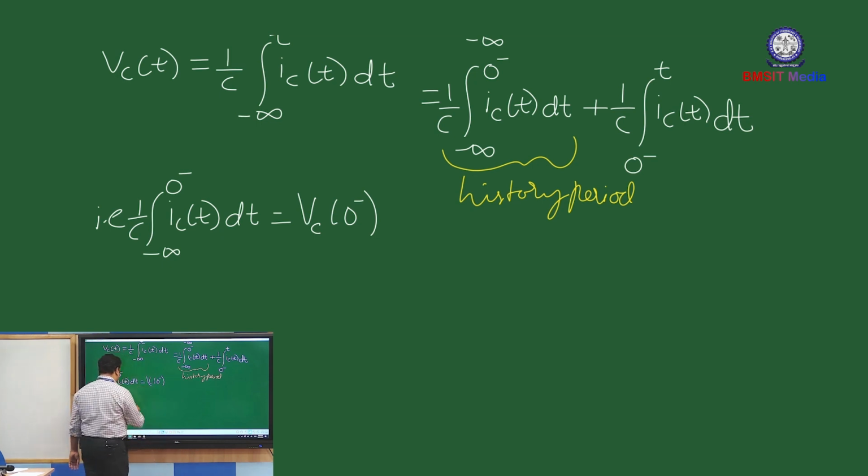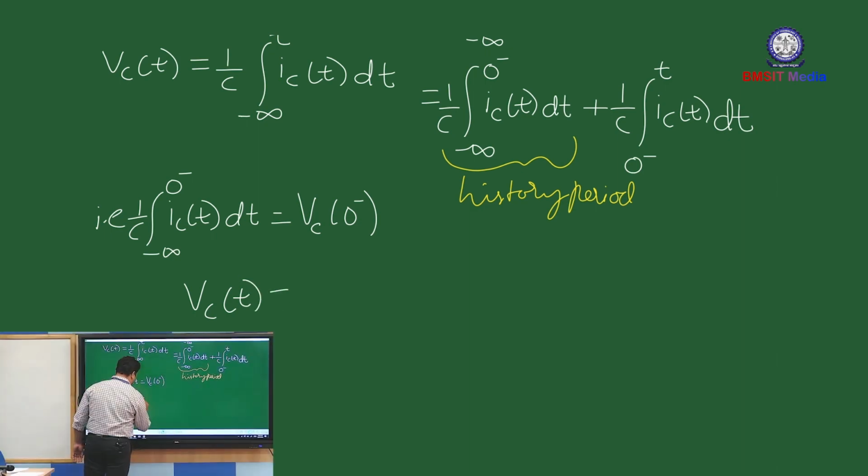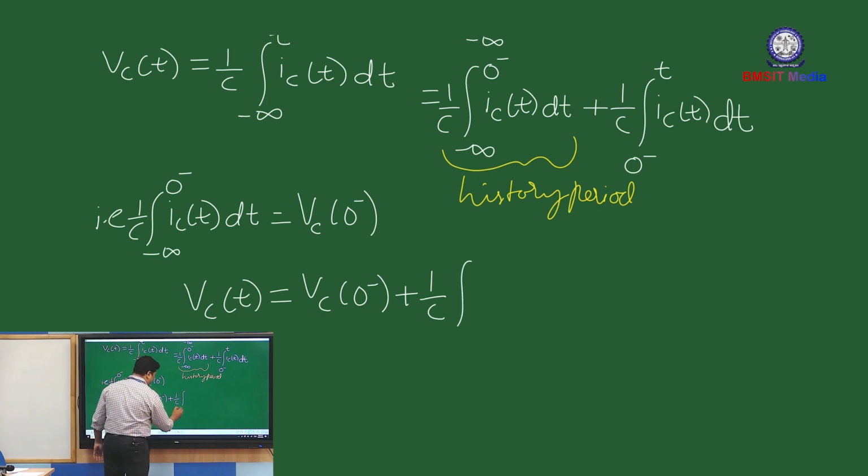Therefore, Vc of t is equal to Vc of 0 minus plus 1 over C integration from 0 minus to t of IC of t dt.